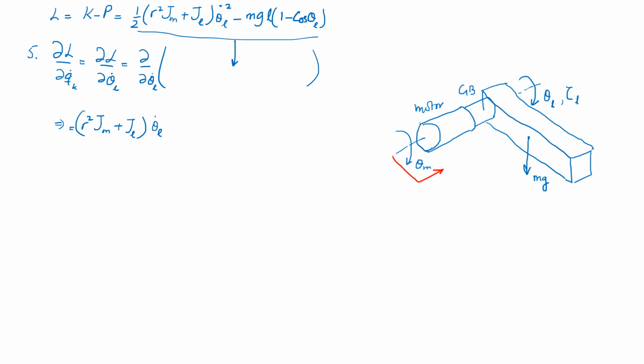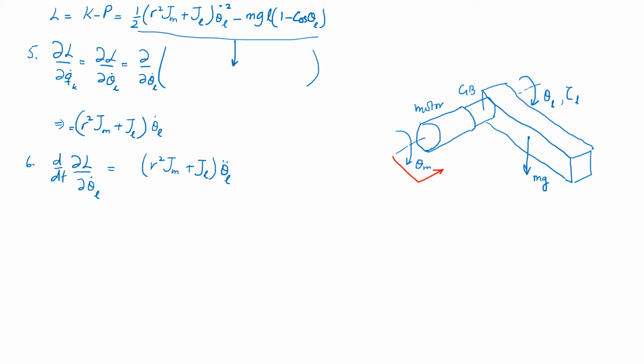So that is available. Then you can use this to construct step number 6, which is going to be d by dt of this expression that you have derived already. So this is going to be equal to, for that reason, this whole expression, and you have theta L double dot, because that's the only time dependent variable in the expression.